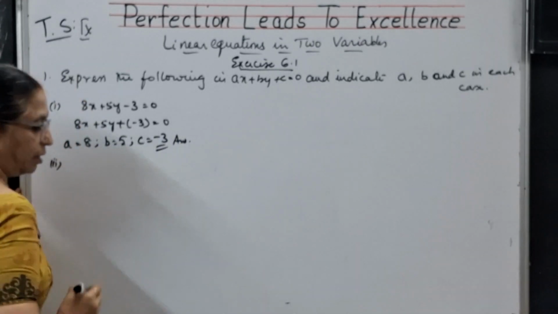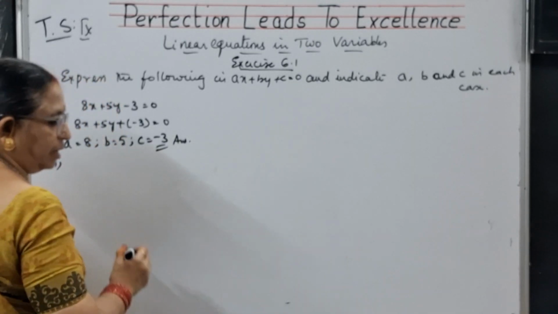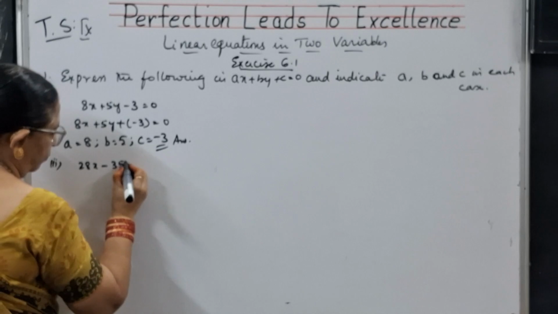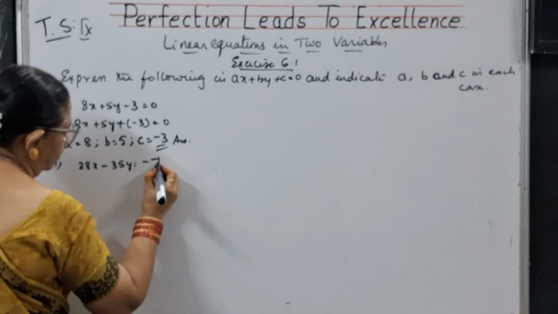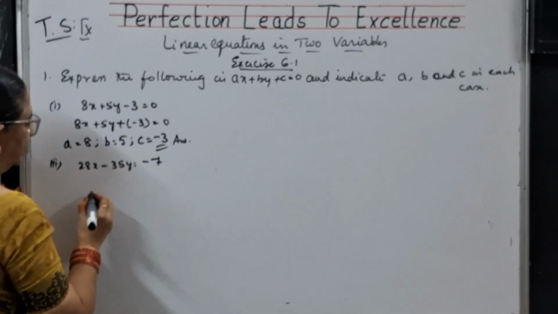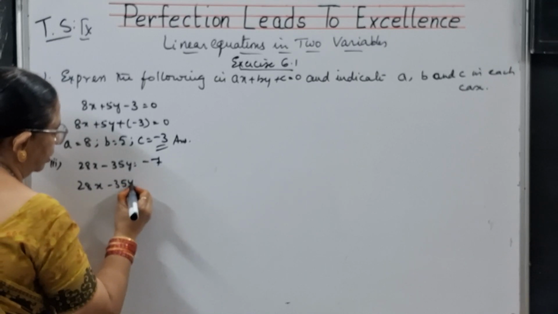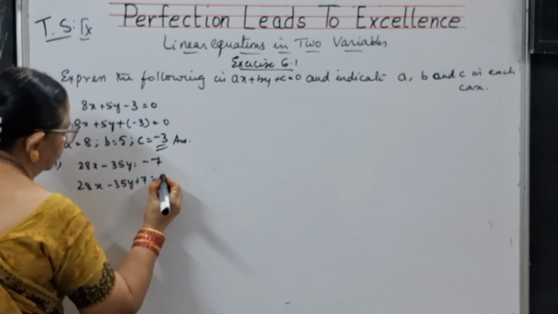And the second bit, 28x minus 35y is equal to minus 7. So first bring this 7 here. 28x minus 35y plus 7 is equal to 0.